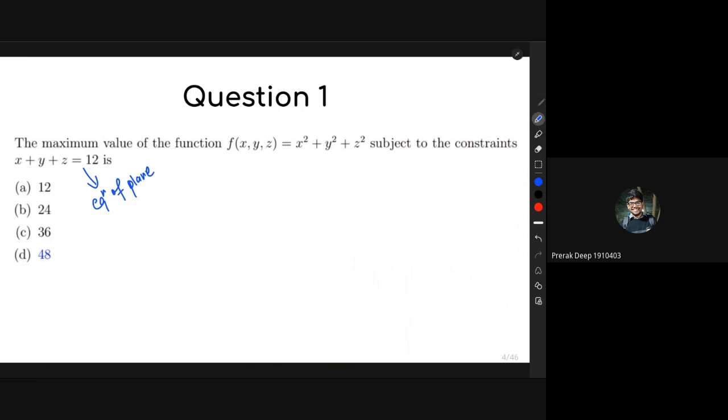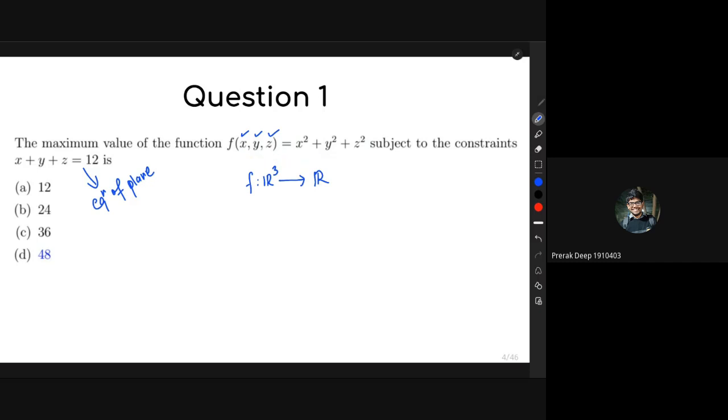This given function is defined on the whole of R3, because it has three real variables, and it gives out a real value, because x square plus y square plus z square gives you a real value.